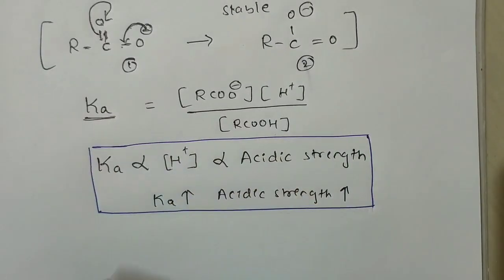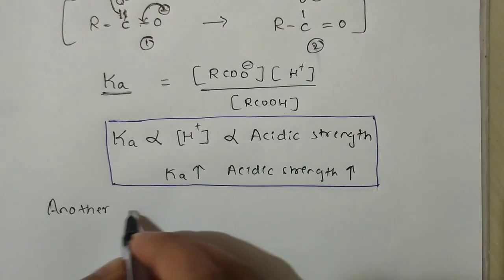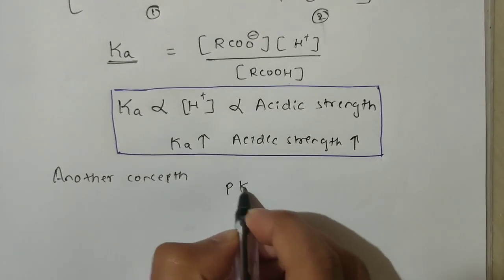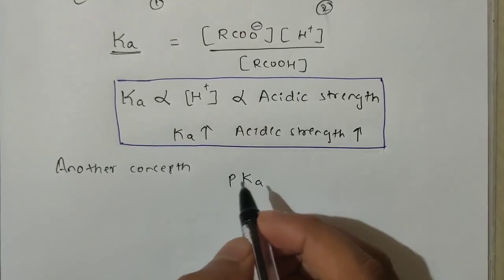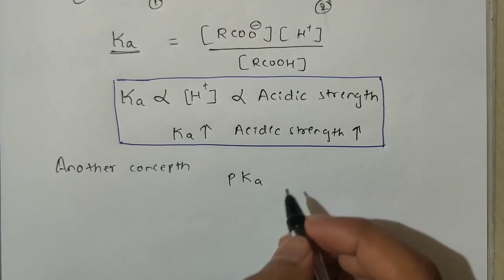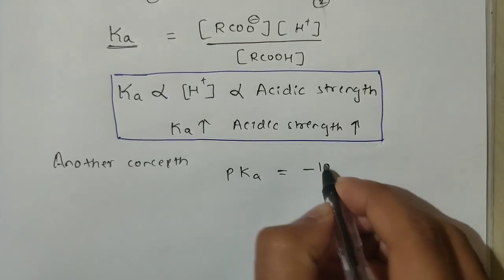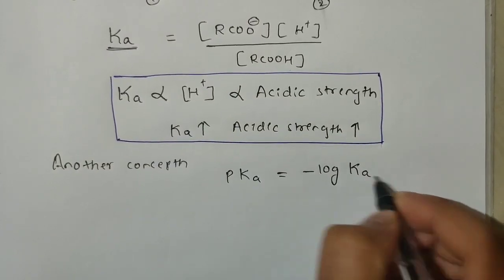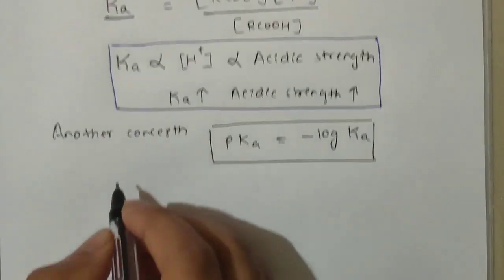Another concept to discuss about acidic strength is the pKa value, that is, pK. It is one of the important methods used to indicate the strength of an acid. pK is equal to the negative logarithm of the dissociation constant of an acid. You know this one. So what happens here?